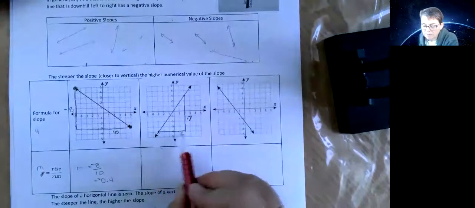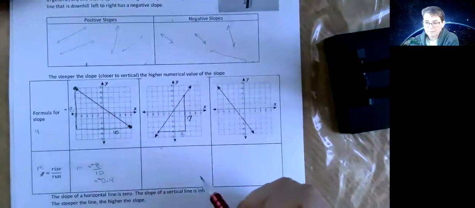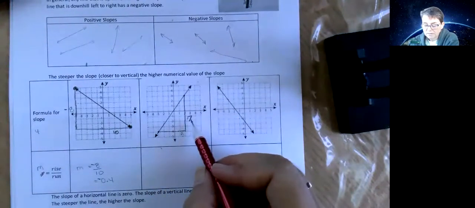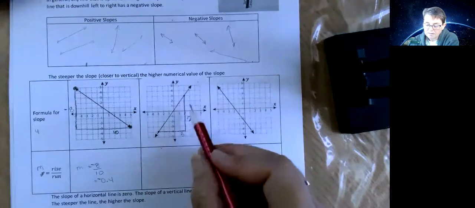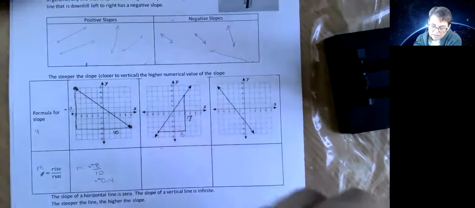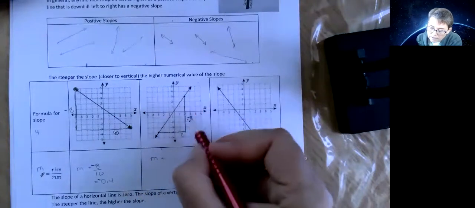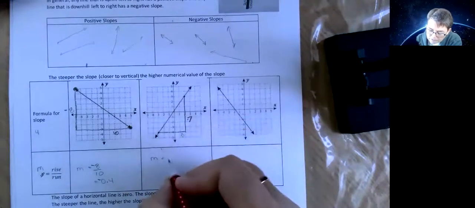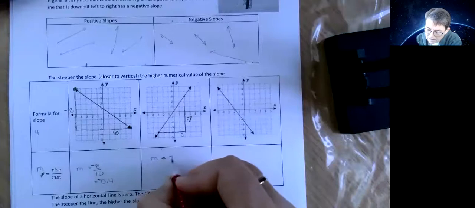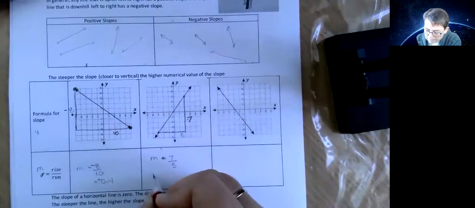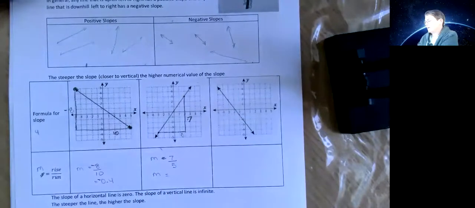We always go left, right on the bottom. So the bottom part I always take as positive. So then it's the up part or down, the vertical part, which gets a sign sometimes. So M is equal to, let's see, 7. That's my rise. Over 5. And most of the time, you could actually leave it as a decimal.